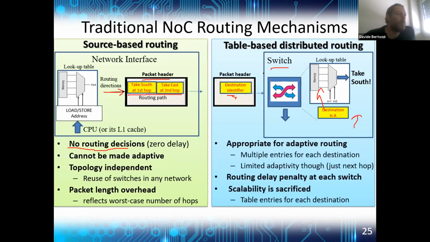So this is more appropriate for adaptive routing, because you can put multiple routing options in these local lookup tables. You have a routing delay penalty at this switch, because in each switch you need to access the routing table, and accessing the routing table takes time, and it's also an area and power overhead.